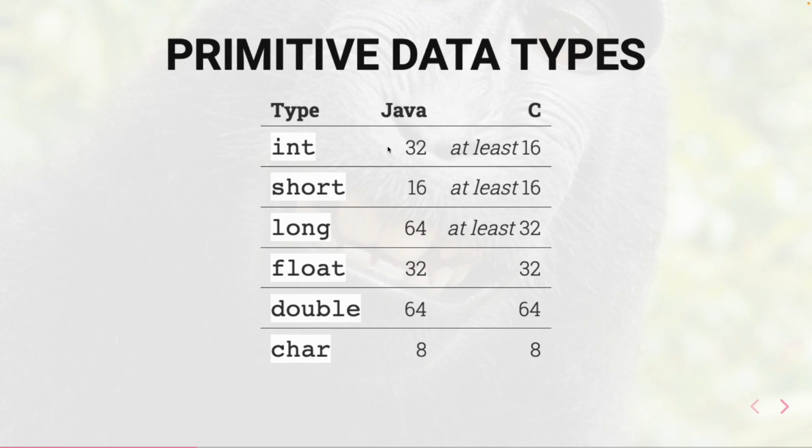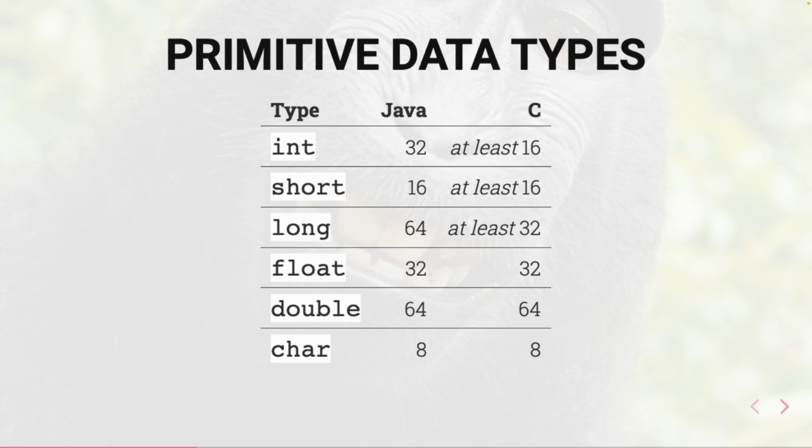So int, for example, is at least 16 bits, but I'm pretty sure that on... no, I'm not going to argue that. I think 16 bits is pretty common, but it should be a bit of a red flag that I'm going, like, oh, it uses at least as many.